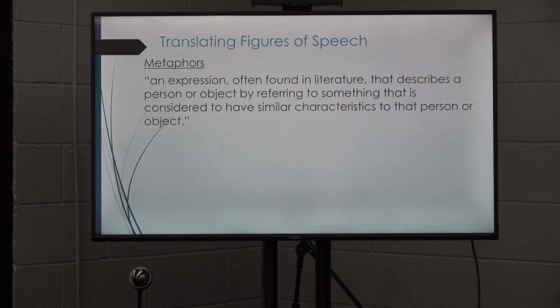Some definitions of metaphors. A metaphor is an expression often found in literature that describes a person or object by referring to something else that is considered to have similar characteristics to that person or object.